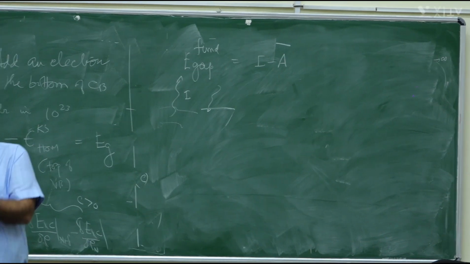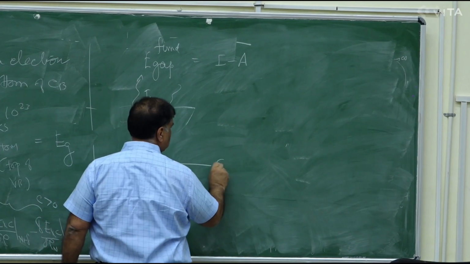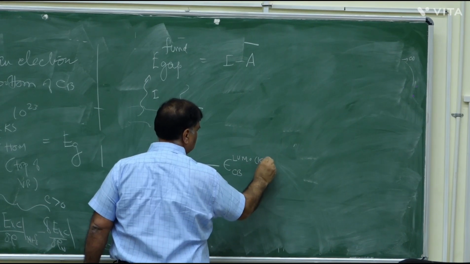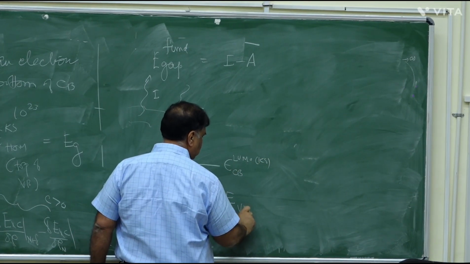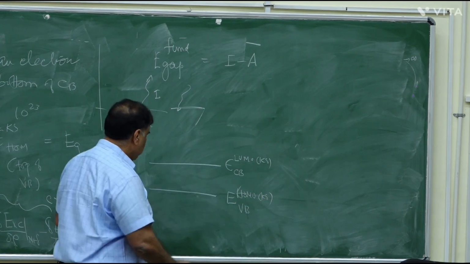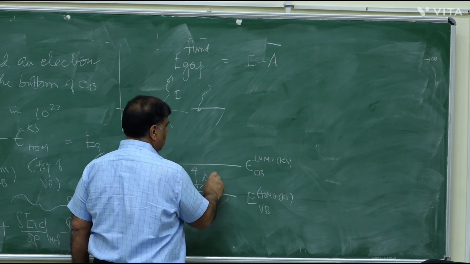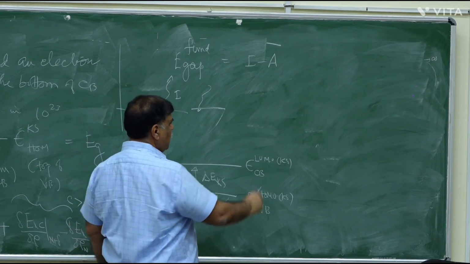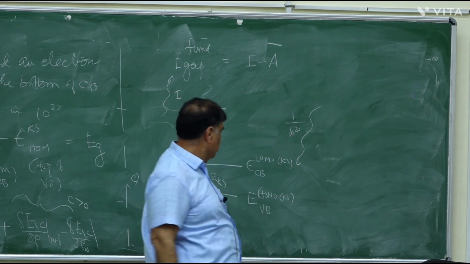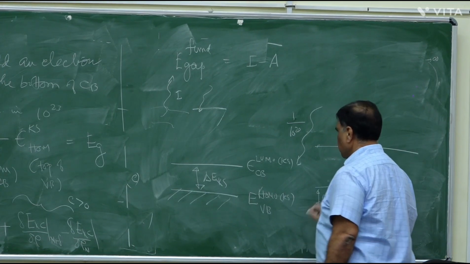But as you add an electron, the whole thing may jump. So you have this E CB, LUMO, KS, E valence band, HOMO, KS. And this is delta E Kohn-Sham, and you add an electron, one in 10 raised to 23. This whole thing may jump by this constant.